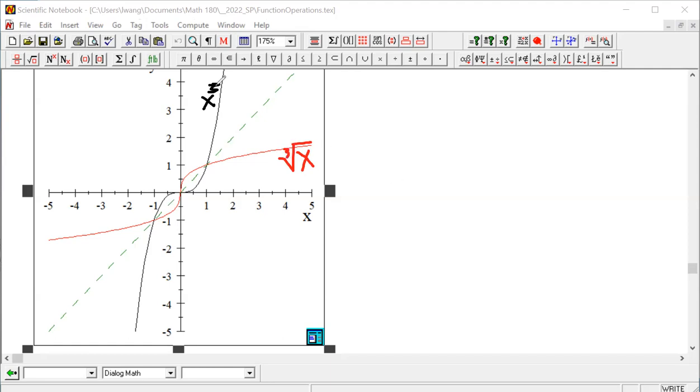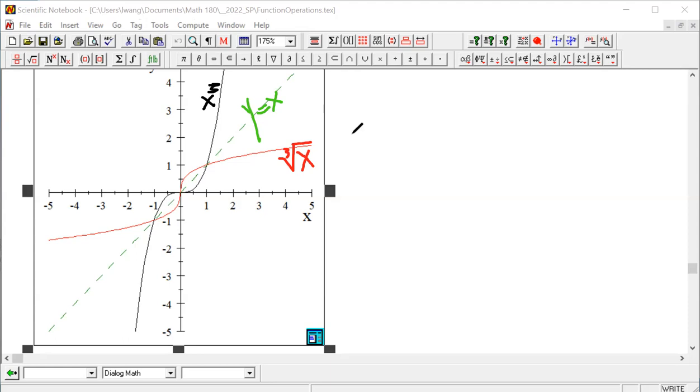These are functions that are inverse to each other, and this line is y equals x. This is the common feature for any pair of a function and its inverse, if they're one-to-one functions. If you graph them, they're symmetrical along a line of symmetry.